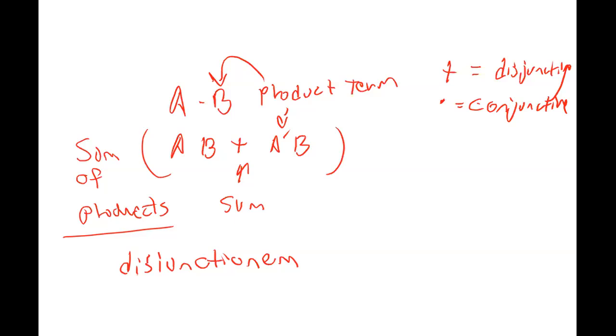Disjunctio means separation. It comes from the stem disjungere, from dis, joined together. I don't know. Well, that's not very educational.